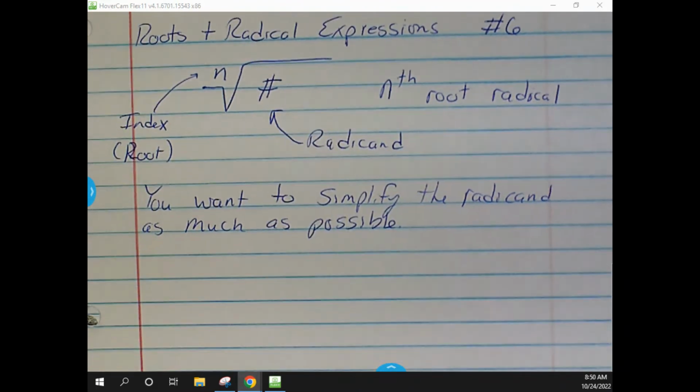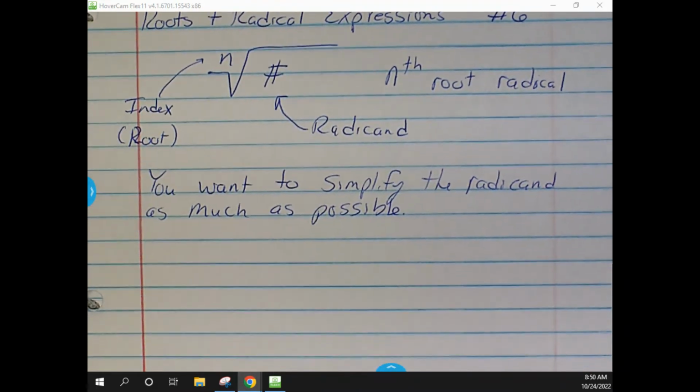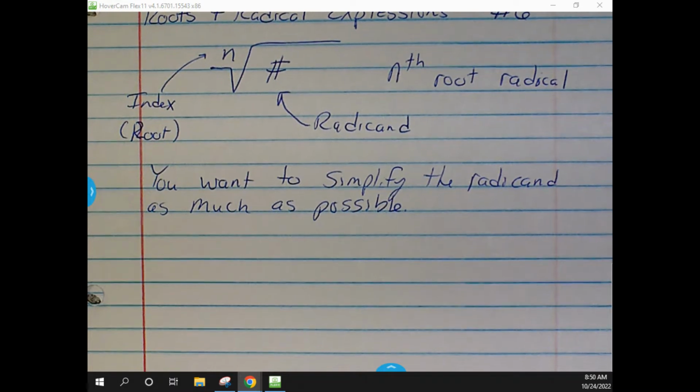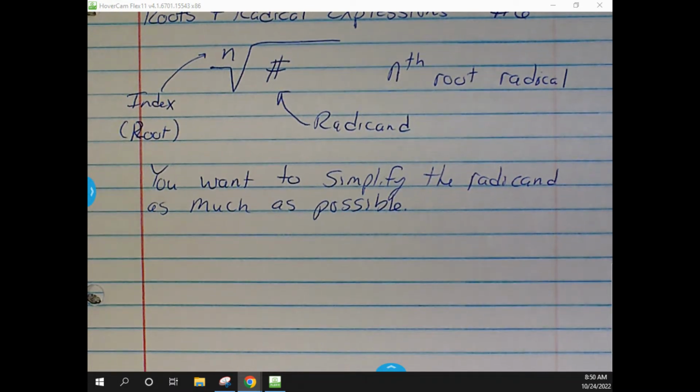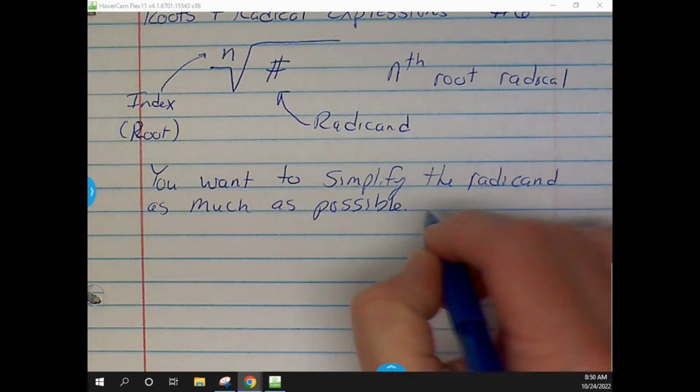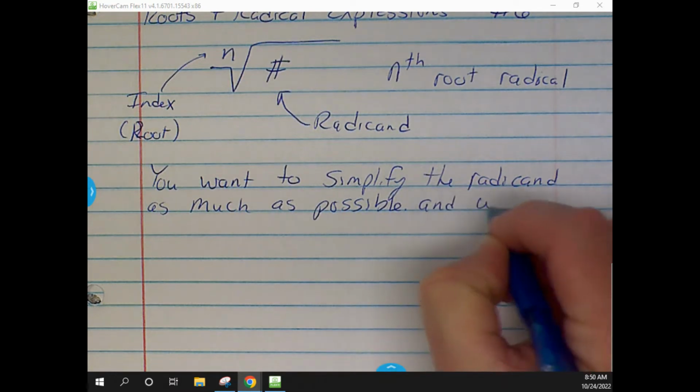For the first little bit of time it's going to work out perfectly. We're going to simplify, and there really is not going to be anything left. Eventually, we'll move to the point where it won't be that way, but in these first few sets of notes, everything's going to work out perfectly. So you want to simplify the radicand as much as possible, and then write it in factored form.